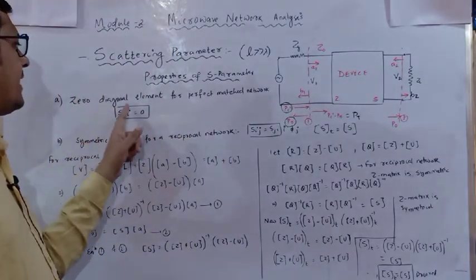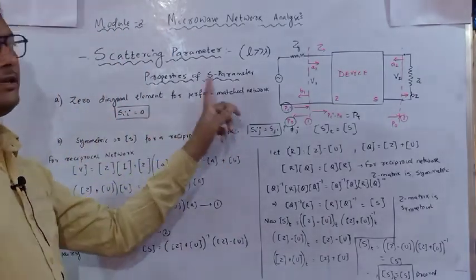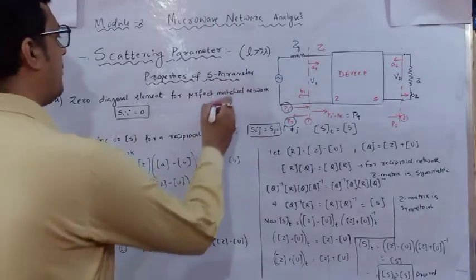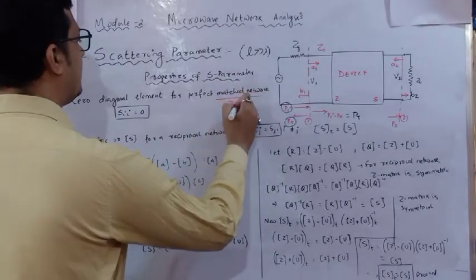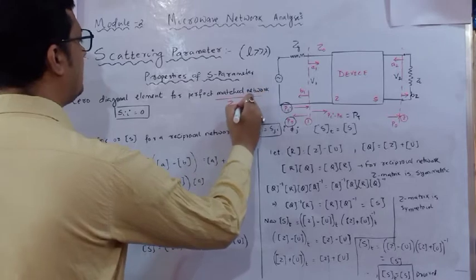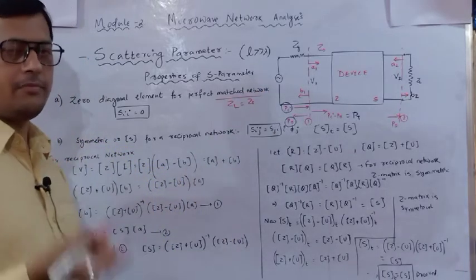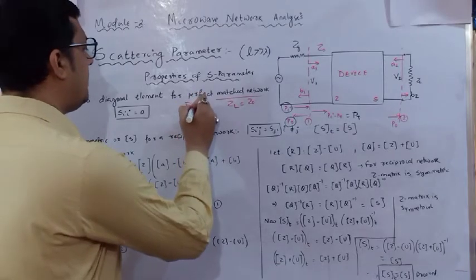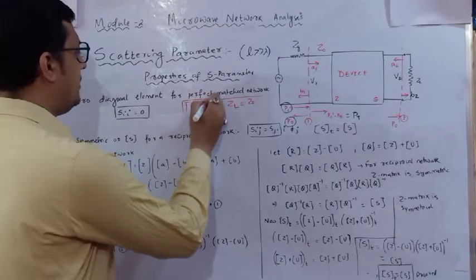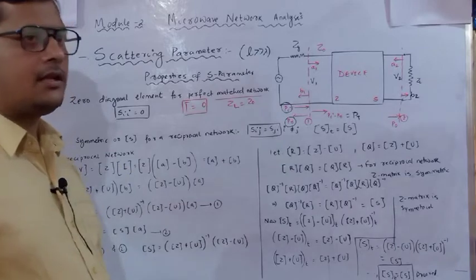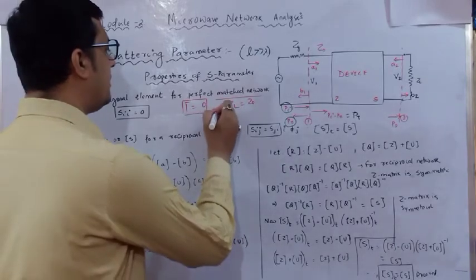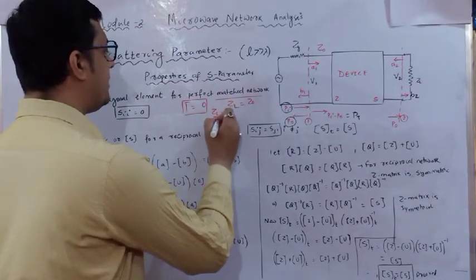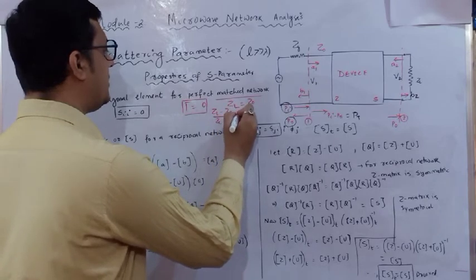So zero diagonal elements for a perfectly matched network, meaning ZL equals Z0. The load impedance must be equal to Z0, due to which the reflection coefficient becomes 0. What is the reflection coefficient? As we know, it is ZL minus Z0 over ZL plus Z0.